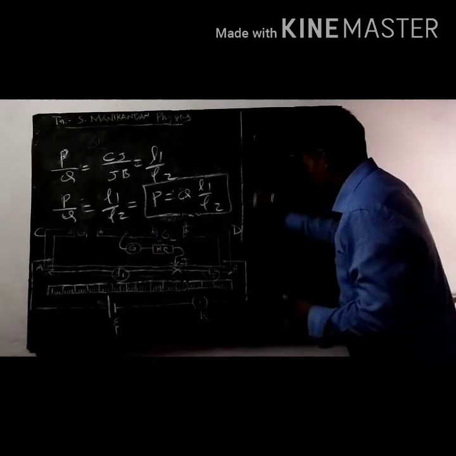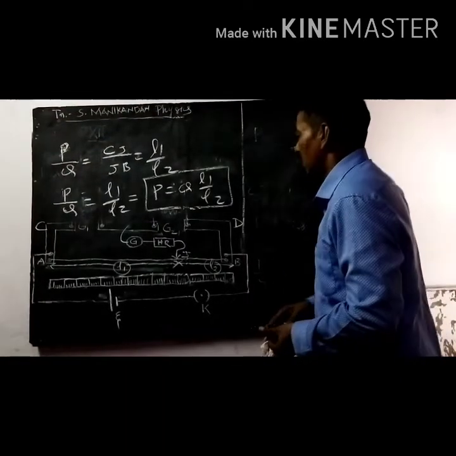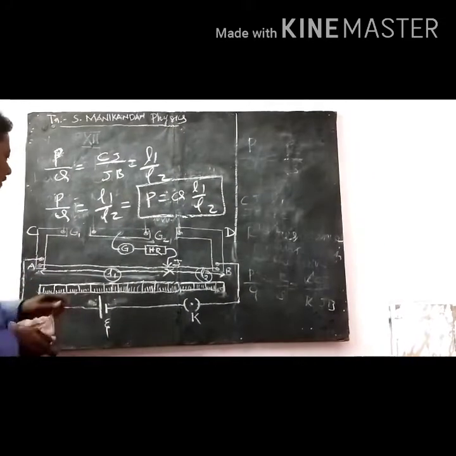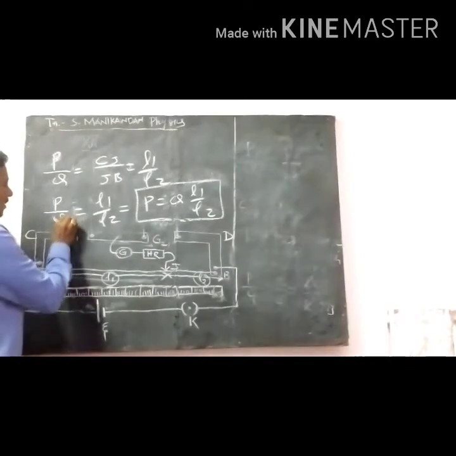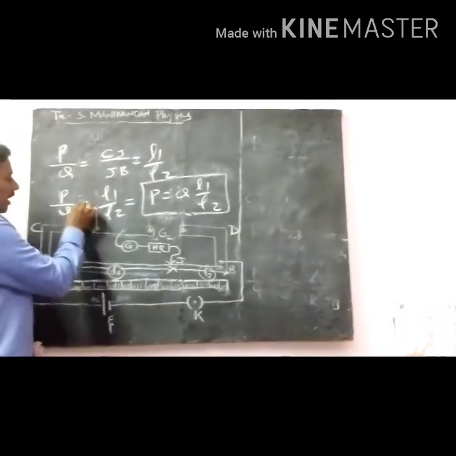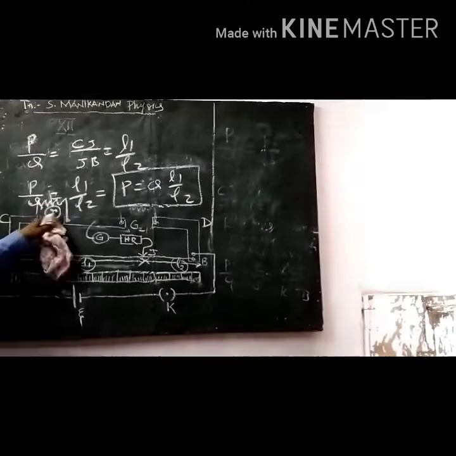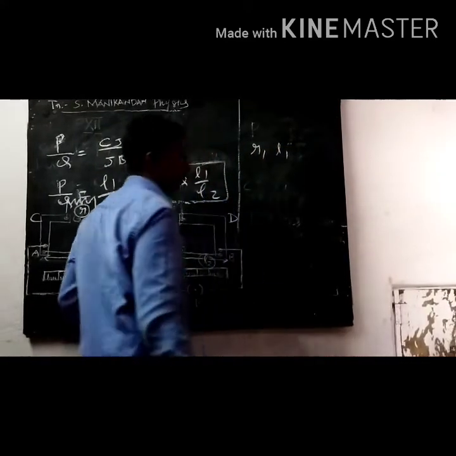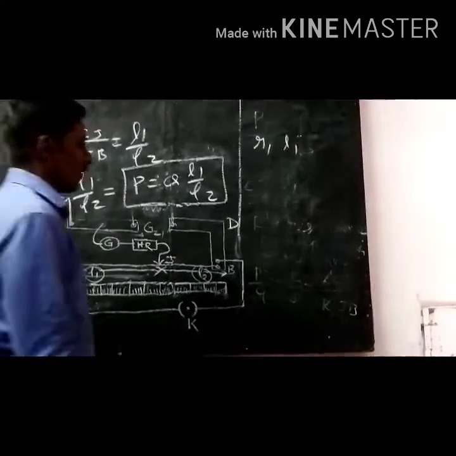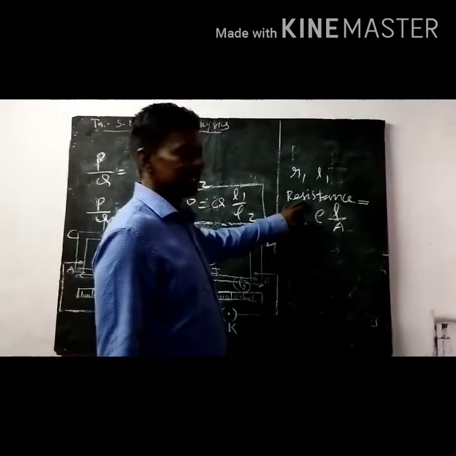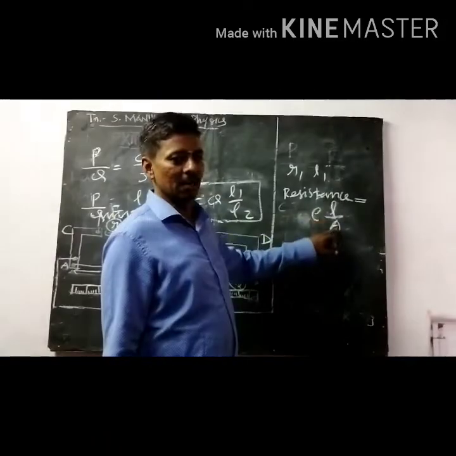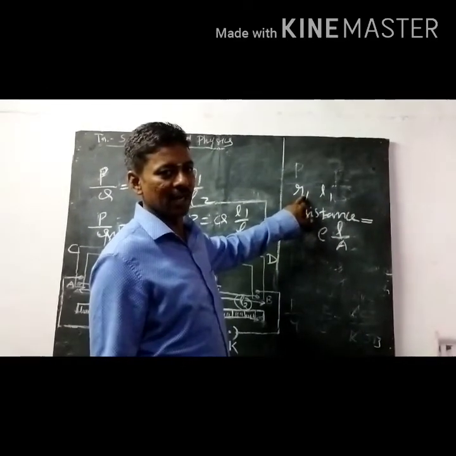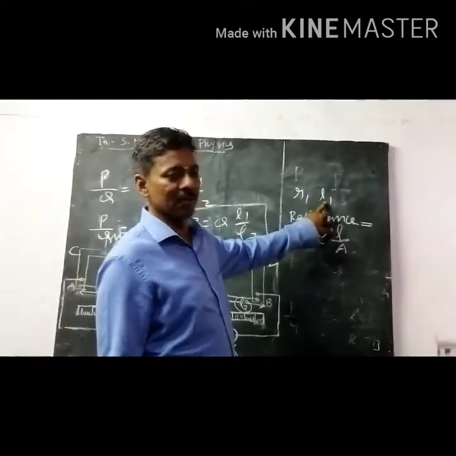And also we find the specific resistance of the material of the wire P, that is the unknown wire, for which we have to find out the radius of the wire and the length of the wire. From the formula, resistance is equal to rho L by A. Already we found the resistance of the given wire, and we find the length of the wire.